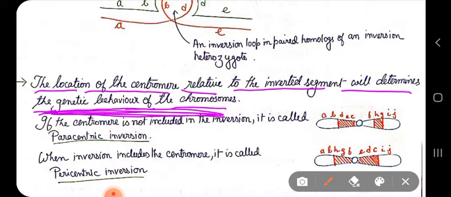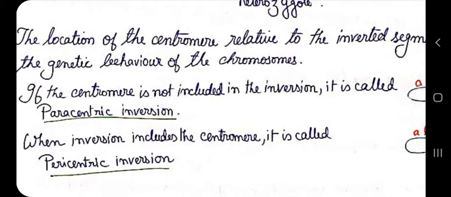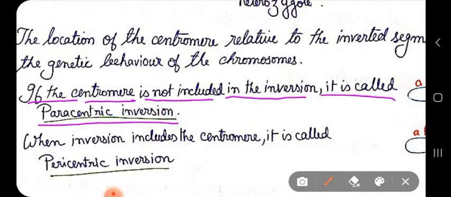Now, if the centromere is not included in the inverted segment, that is called paracentric inversion. So paracentric inversion is such inversion which occurs on the arms of the chromosome.